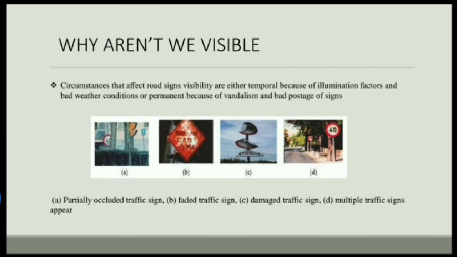Permanent causes include damage from bad climatic conditions, rust, permanent occlusion, or deliberate vandalism, purposely spoiling the signboards, as we can see in image number 3, C. And lastly, multiple signboards can appear at the same time on the same lane of the road, and even this can cause a problem.